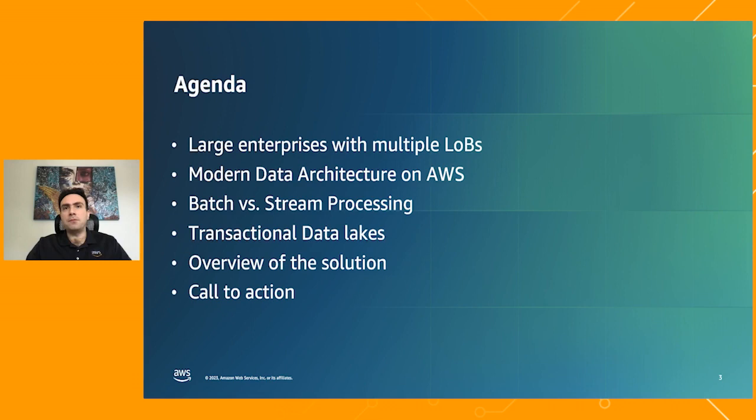Then we want to understand where to use batch processing and why stream processing solves the challenges that we face in this particular use case. Then we talk about transactional data lakes and why we would need them for building such an architecture. At the end, we recap by going over the solution and we have a few calls to action.